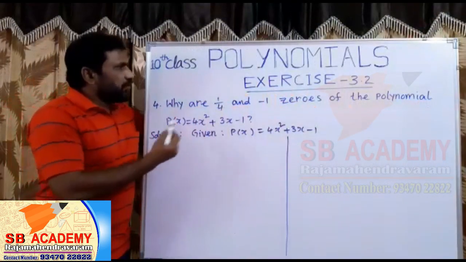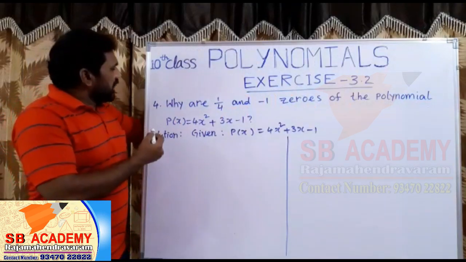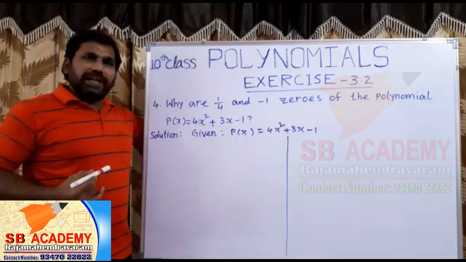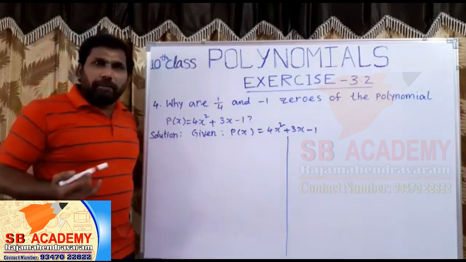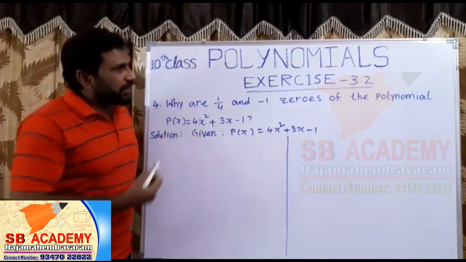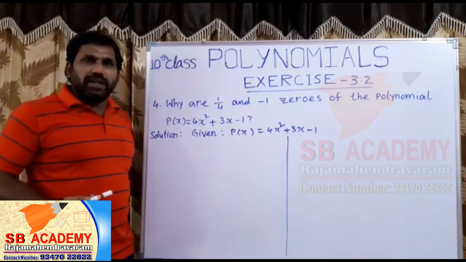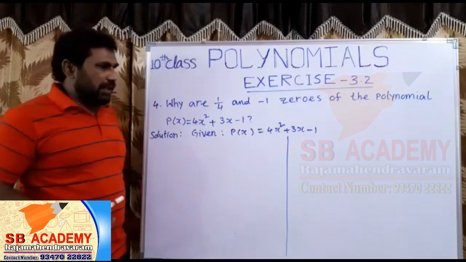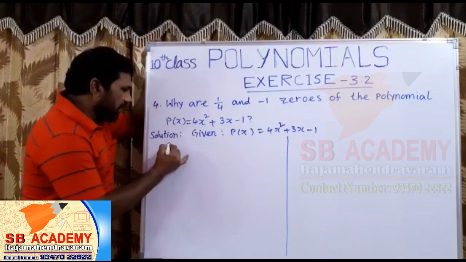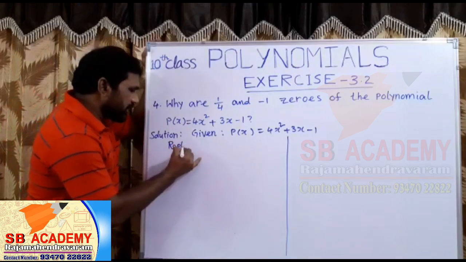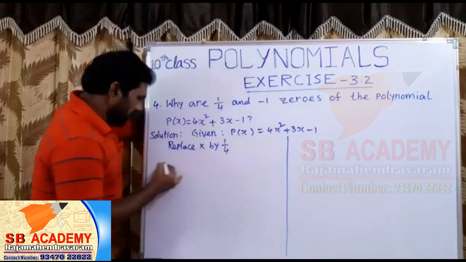Children, observe the fourth problem of exercise 3.2. This is the last problem of our exercise. Okay. Show that 1 by 4 and minus 1 are zeros of the polynomial p of x equal to 4x square plus 3x minus 1. First we have to write the given polynomial and after that replace x by 1 by 4.